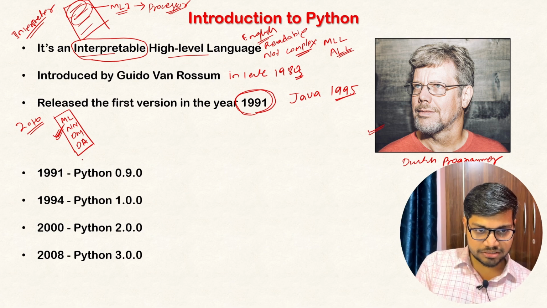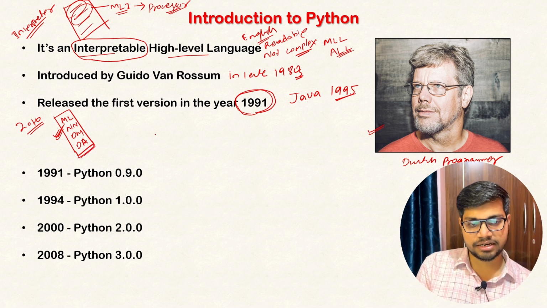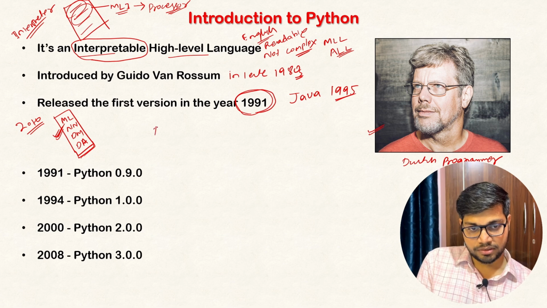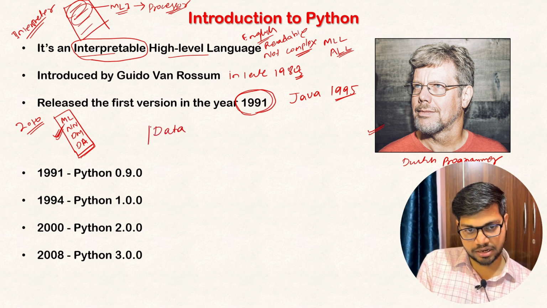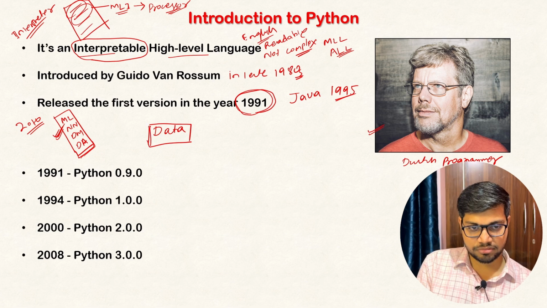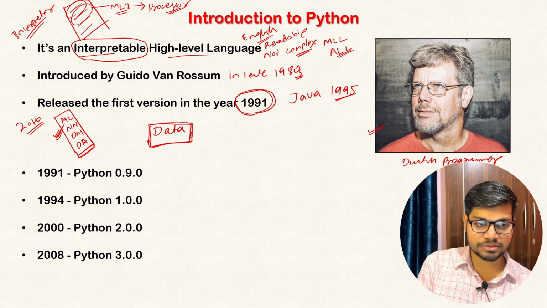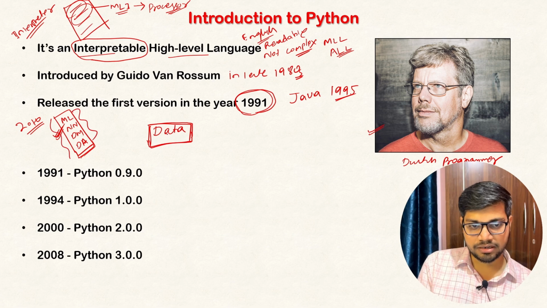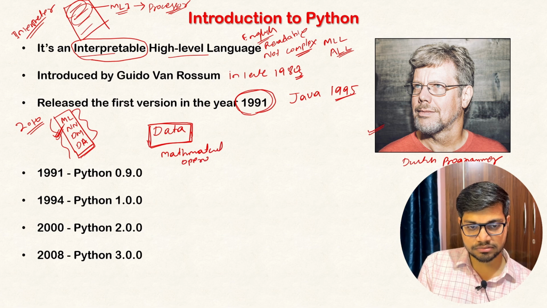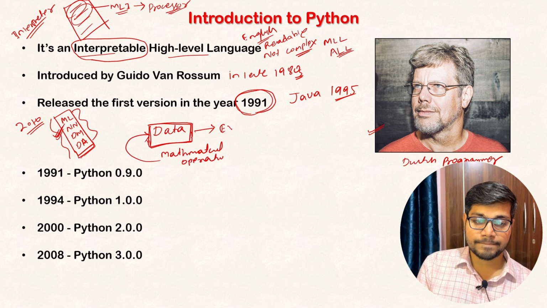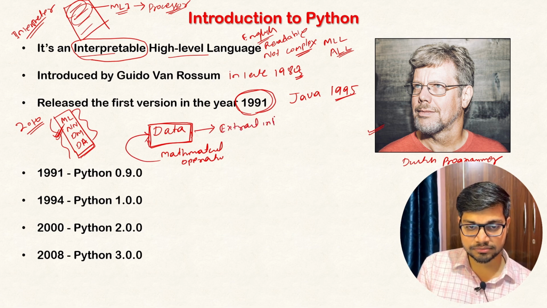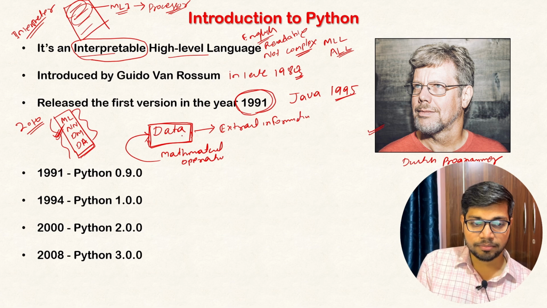So, what is the aim of these areas? These technologies work on various types of data and how do the experts work over data? They apply various mathematical operations over data to extract information by analyzing the pattern.